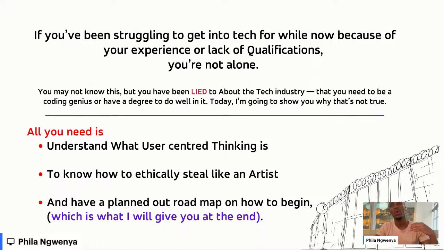I'm going to show you what you actually need to break into the tech industry. The things that you need are to understand what user-centered thinking is, to know how to ethically feel like an artist, and to have a planned out roadmap on how to begin. And as I said, this is what we will be giving you at the end, a planned out roadmap on how to actually start your journey today.